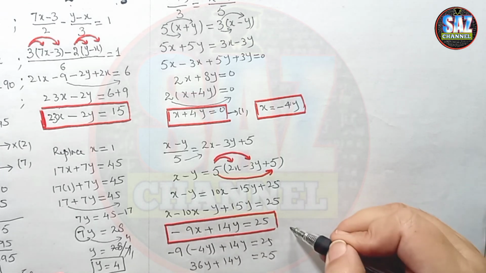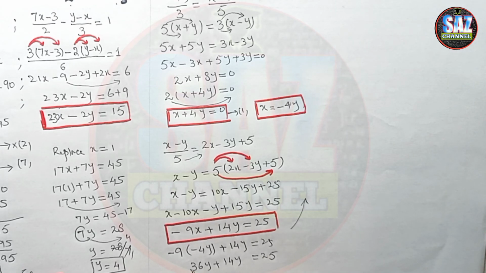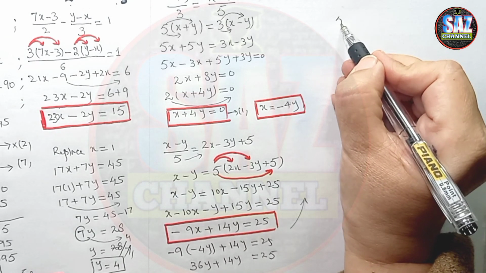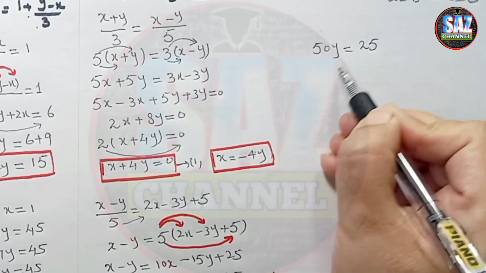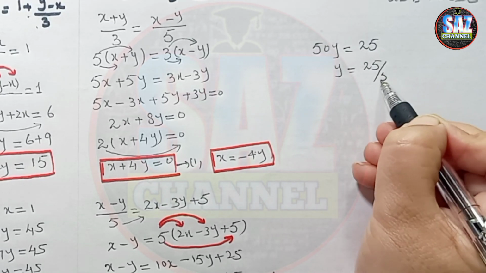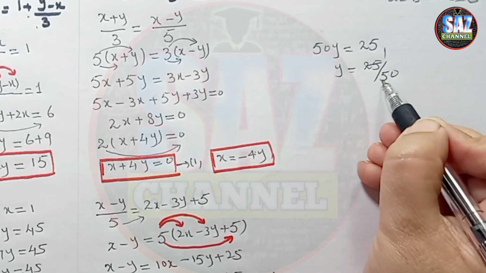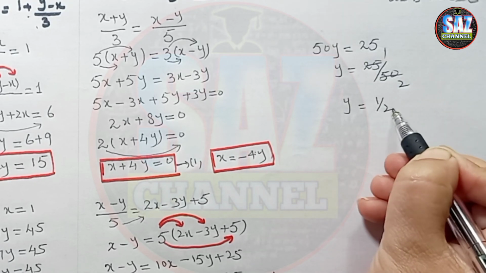Okay, let me move to this side for the rest of the solution. 6 plus 4 is 10 and 3 plus 1 is 4, so 50y equals 25. y equals 25 by 50, and 25 ones are 25 and 25 twos are 50. y equals 1 by 2.